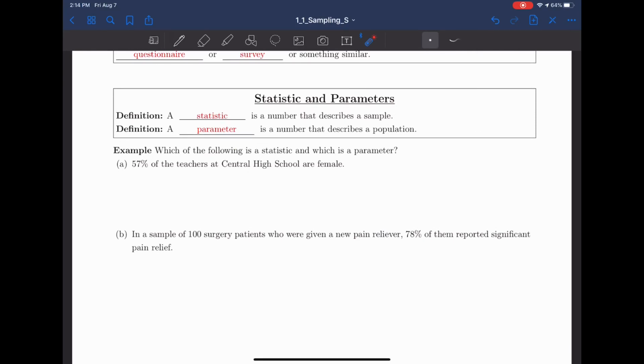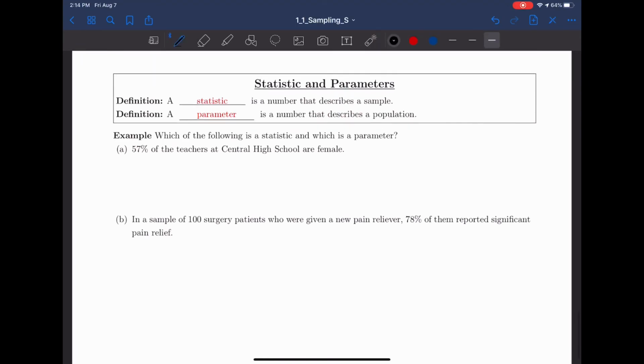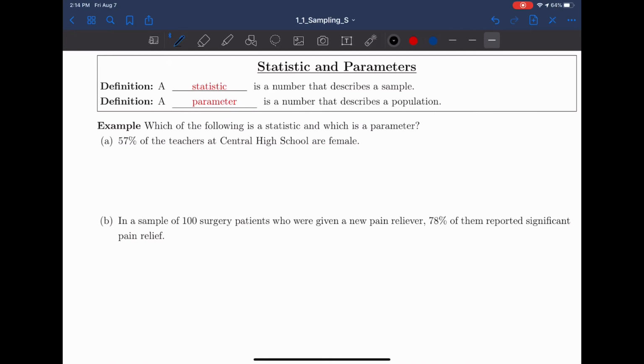Lastly, we want to talk about what's the difference between a statistic and a parameter. So a statistic is a number that describes a sample, and a parameter is a number that describes a population. So let's do this example. We want to know from the following if this is a statistic or a parameter. Let's say A. 57% of the teachers at Central High School are female.